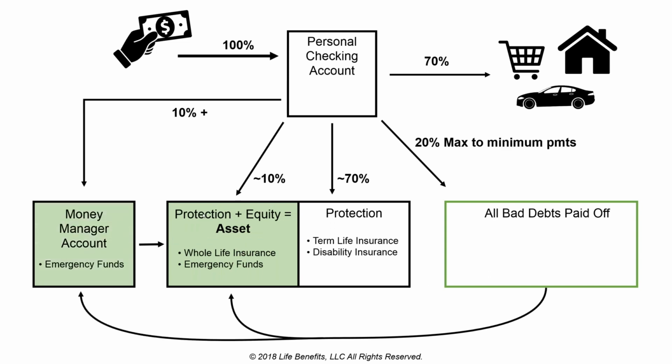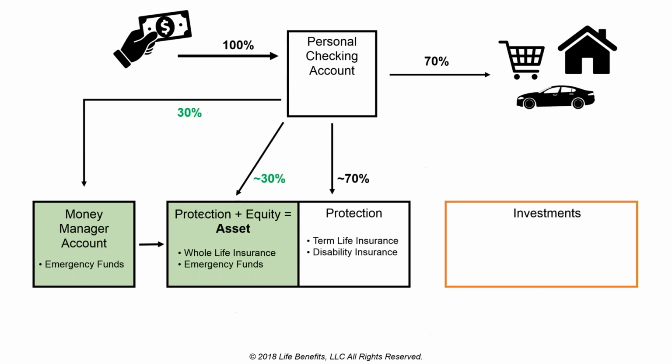And then it moves over, it fills up your money manager account. This is like the overflow in this case. And of course, you'll see on the blueprints, this is the time that they need to be thinking about starting new policies. It's very easy for the client to see that at this point.